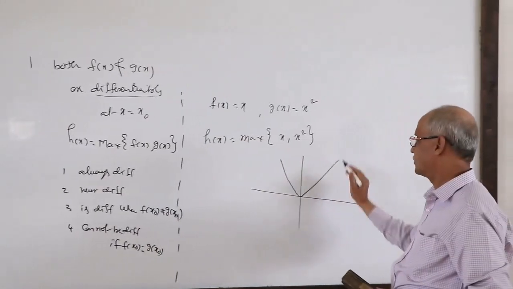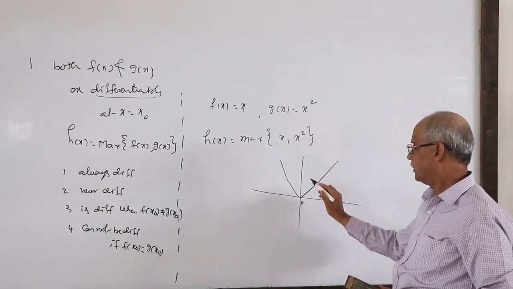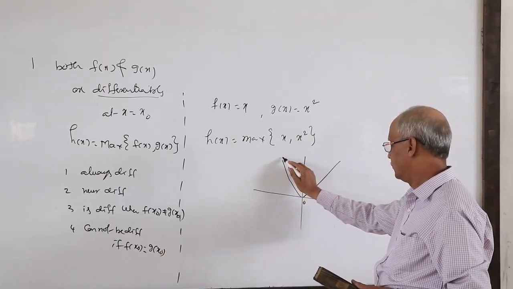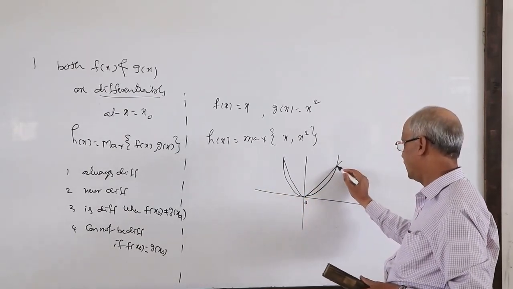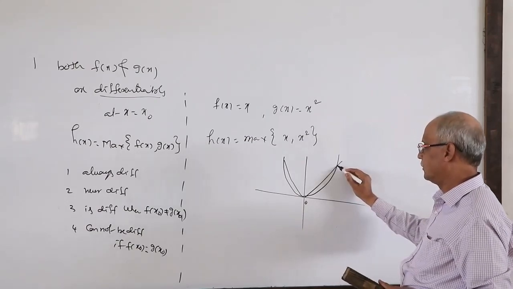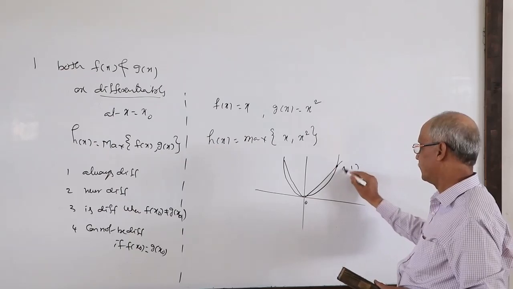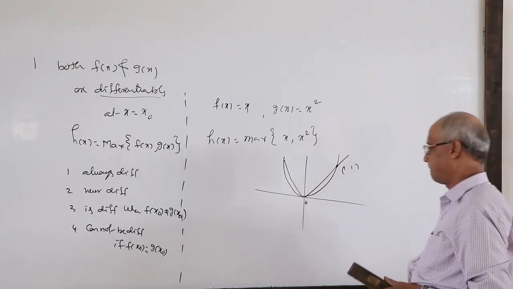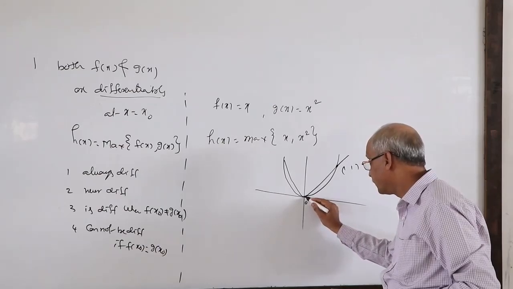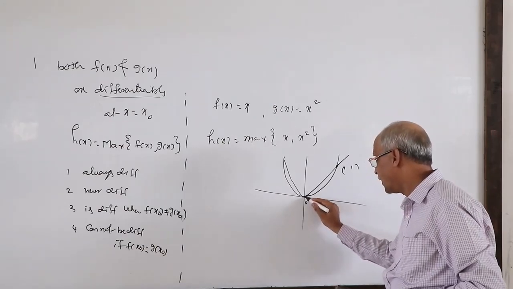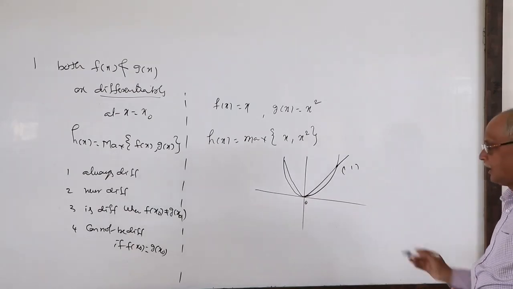X positive, x negative. And the x square graph also we know. This is x square, and we know that it is intersecting at 0 and at 1 comma 1. Now you see, here it is important. Consider the right hand side, suppose after 0.